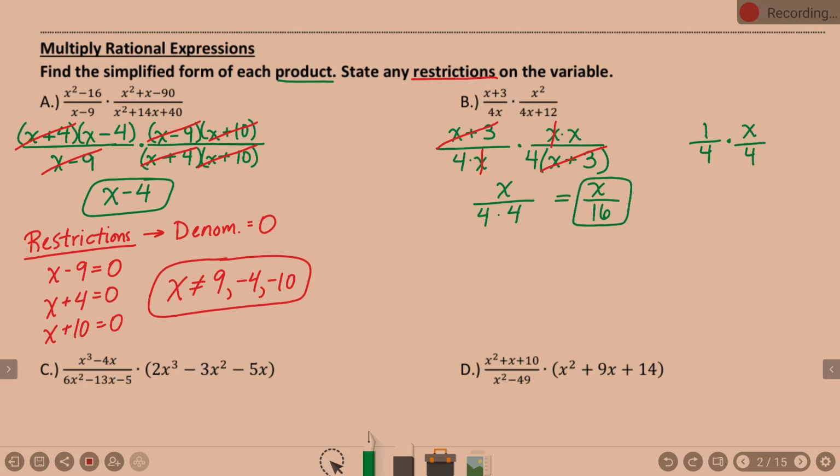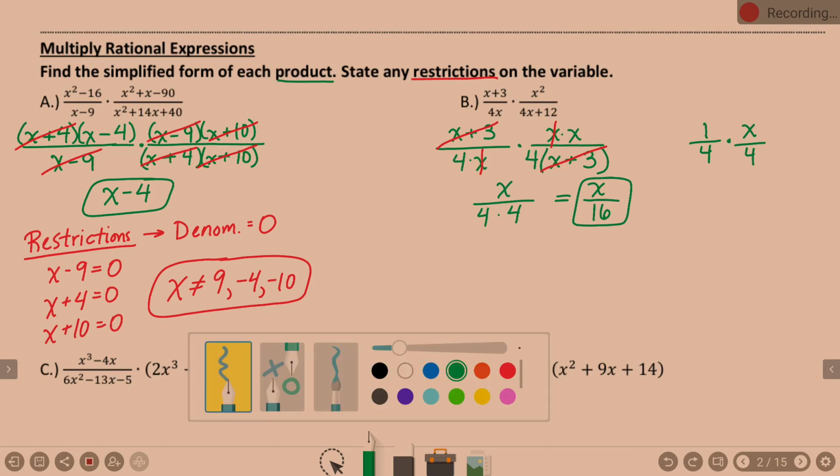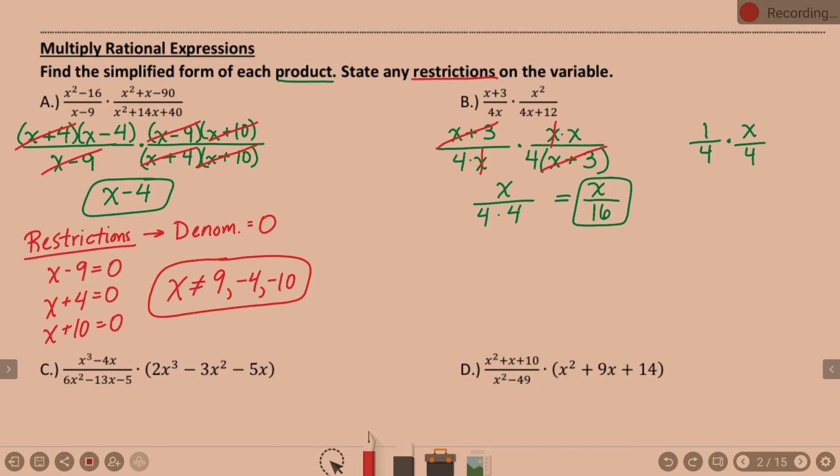Okay. And guess what I'm going to say? Restrictions on the variable. Anything that was ever in the denominator has to be set equal to 0, yes?